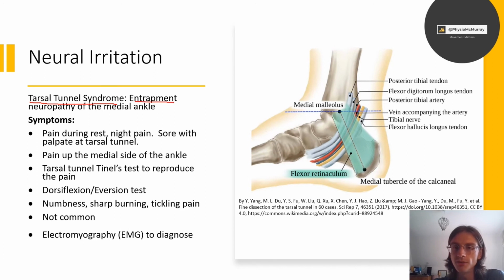The tarsal tunnel is basically a little area under the medial, or inside, of your ankle that certain structures run through. You have tendons, the tibial nerve, and arteries that run around your ankle down into your foot, and they're held in place by a structure called the flexor retinaculum.